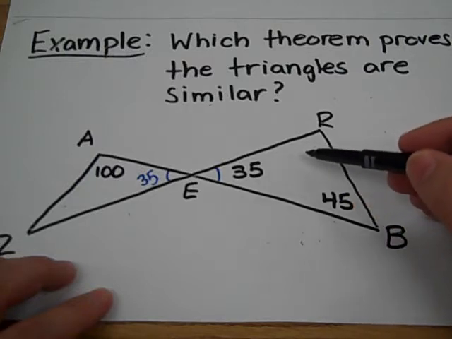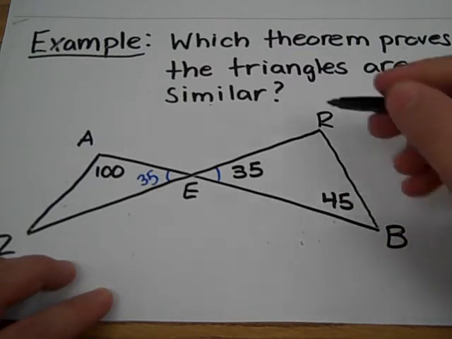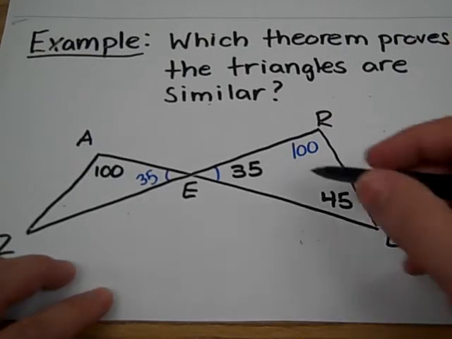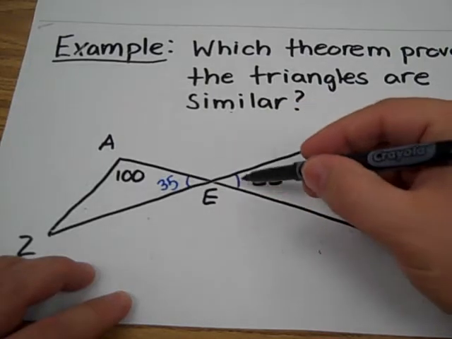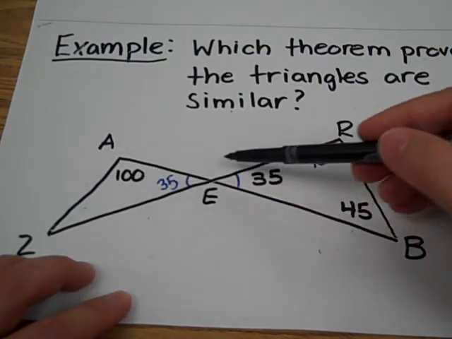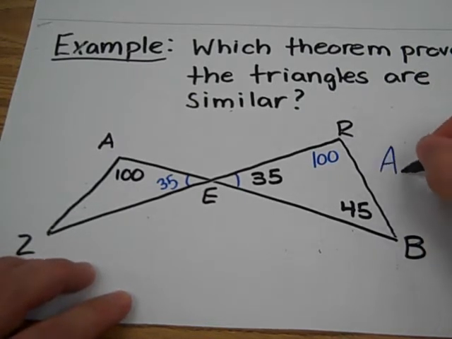Well, if we figure out what this angle is, 180 minus 35 minus 45, that tells us that angle is 100. And now I can see I have one pair of congruent angles, and those angles are also congruent. So these two triangles here will be similar by angle-angle similarity.